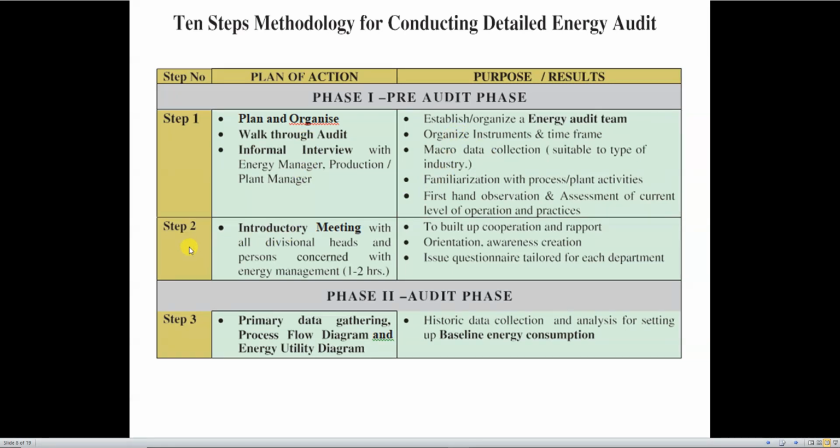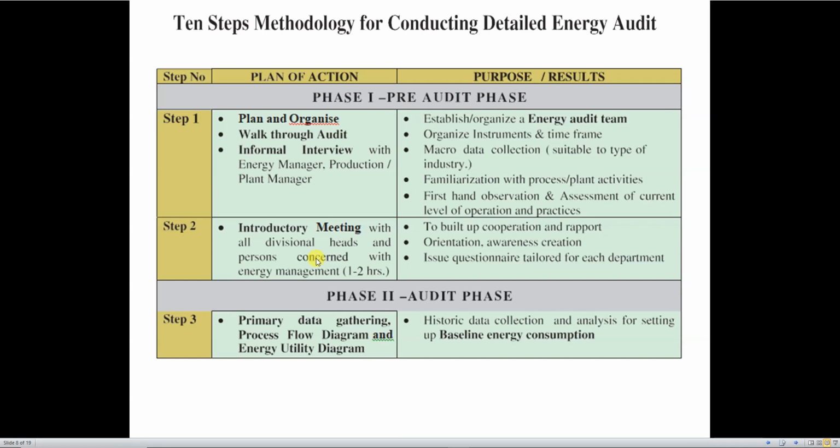Next step is step number 2, which is an introductory meeting with all divisional heads and persons who are concerned with energy management. In the case of energy management, this means the persons who are responsible for handling a particular plant, or a production, or a unit.